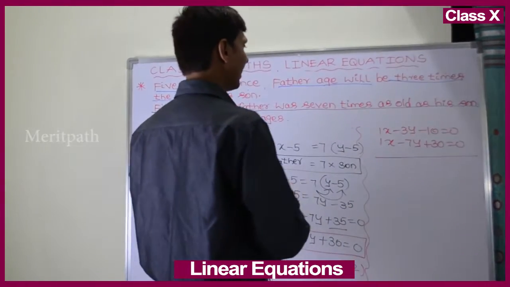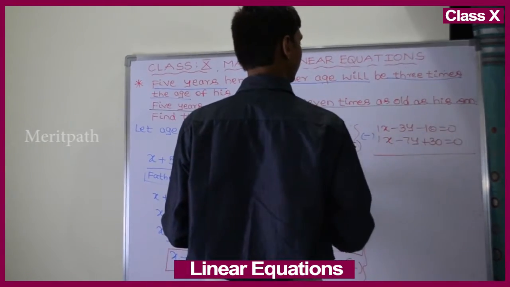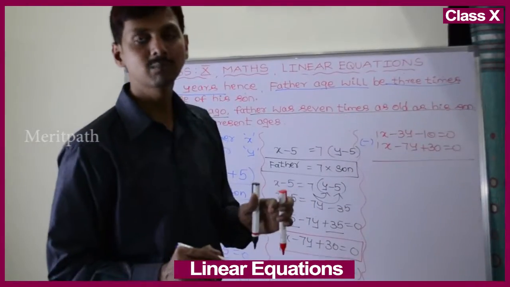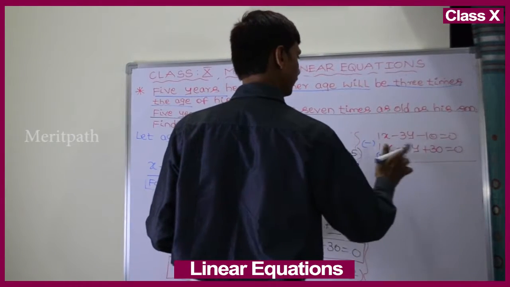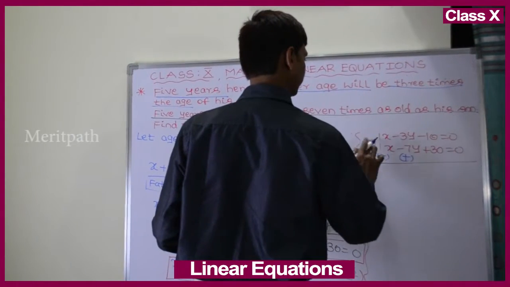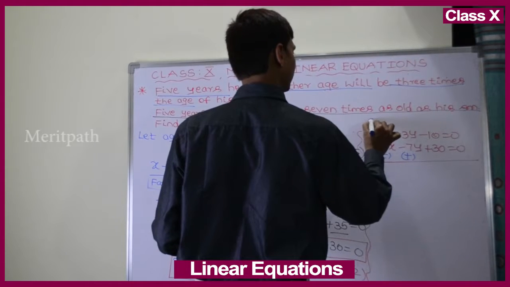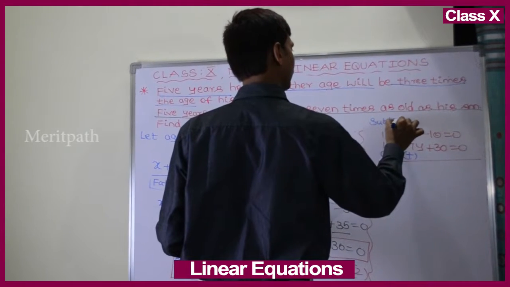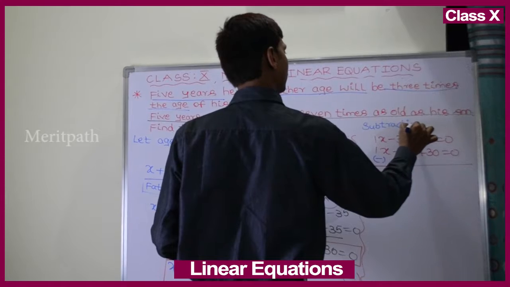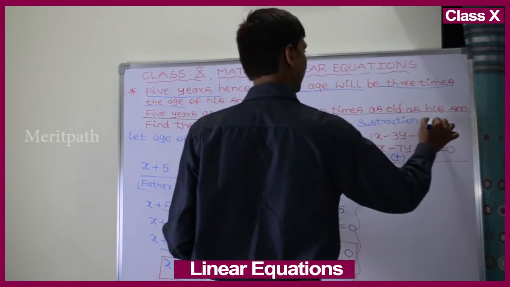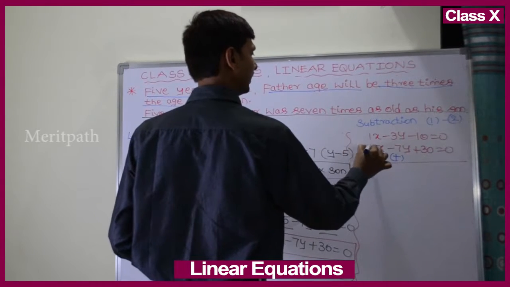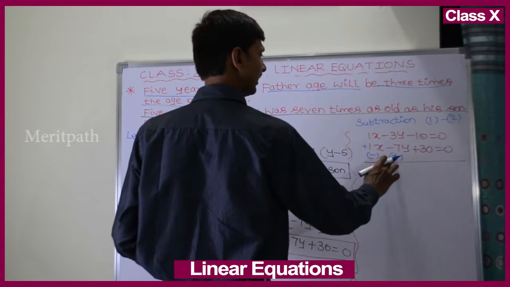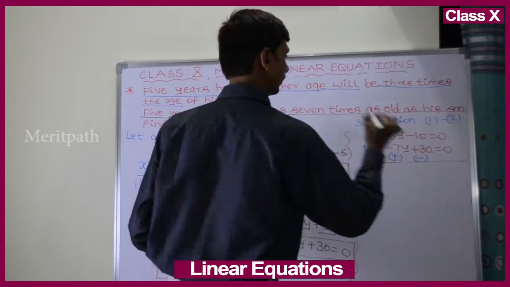So let us subtract these two equations. By subtraction, we know the signs will change. We are doing equation 1 minus equation 2, so plus changes to minus, minus changes to plus, plus changes to minus.